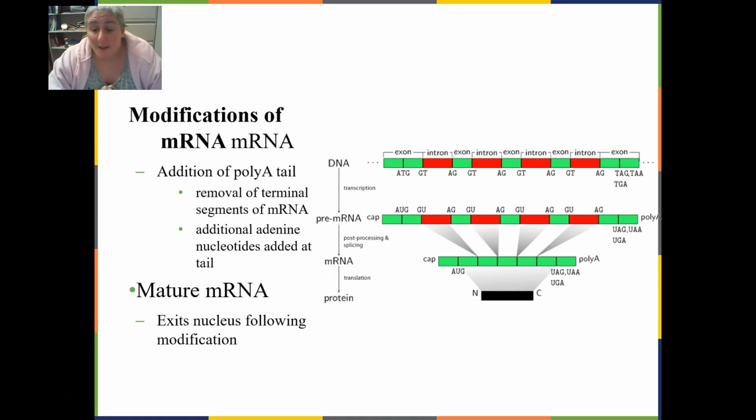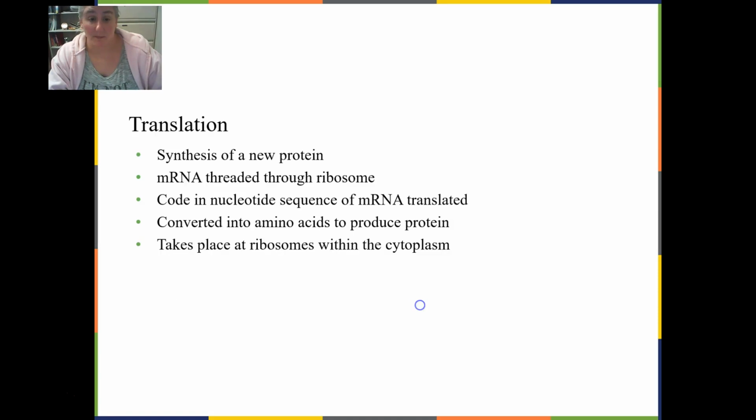So the guanine cap and the poly-A tail protect the messenger RNA from these proteins, but the poly-A tail also functions to keep the ribosome from falling off too soon and not producing the entire protein. Now that we have the messenger RNA, we can leave the nucleus through those nuclear pores and enter the cytoplasm or the rough ER and attach to a ribosome.